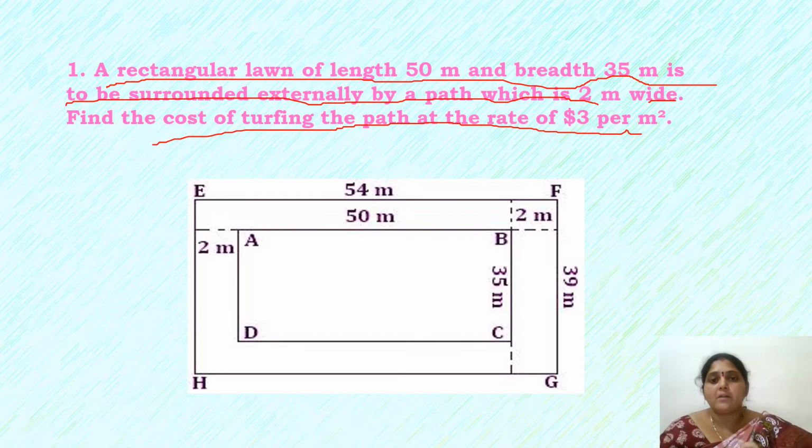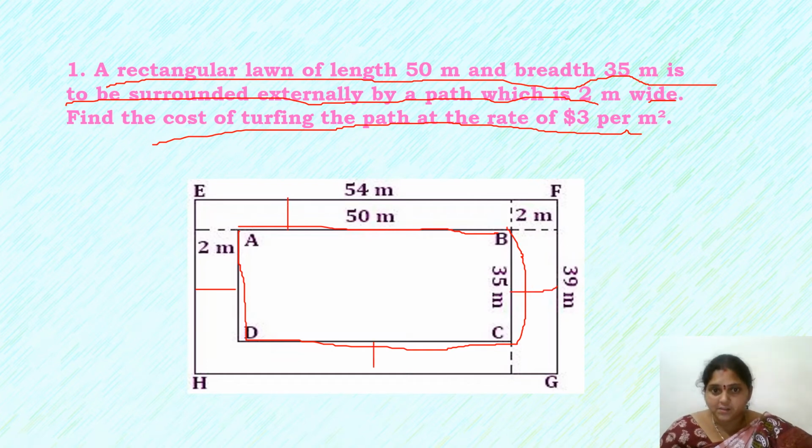Here, this is the lawn, and this lawn is surrounded by a path 2 meters wide on all sides. This is 2 meters wide, this is 2 meters wide, 2 meters wide and 2 meters wide.